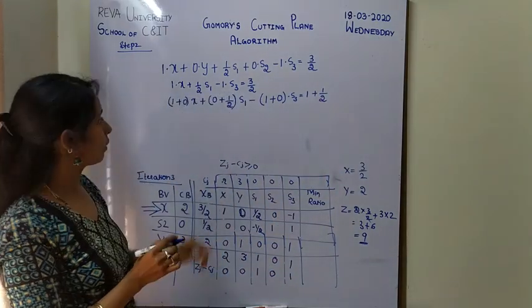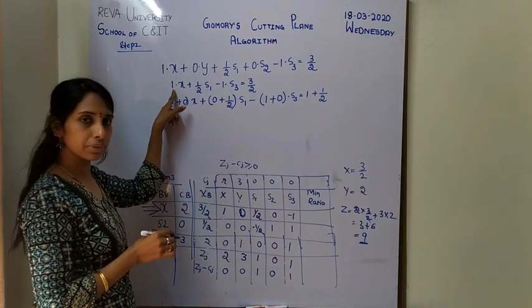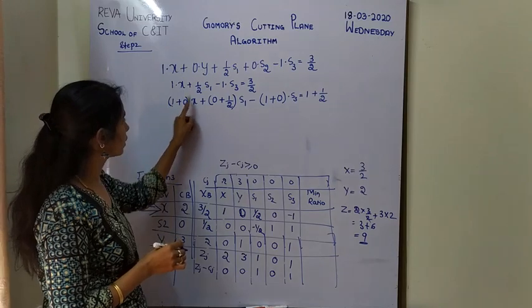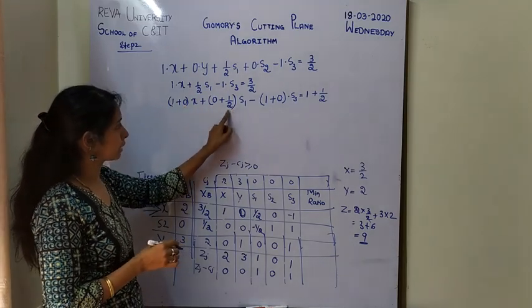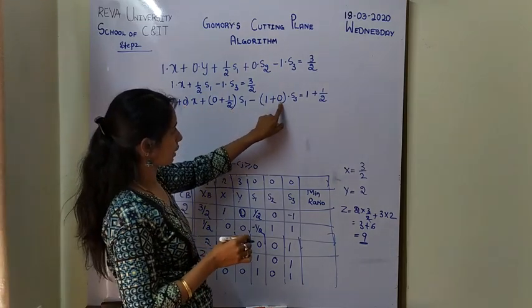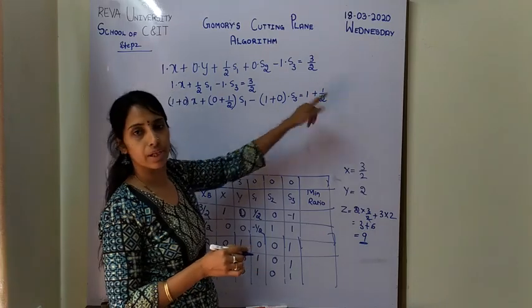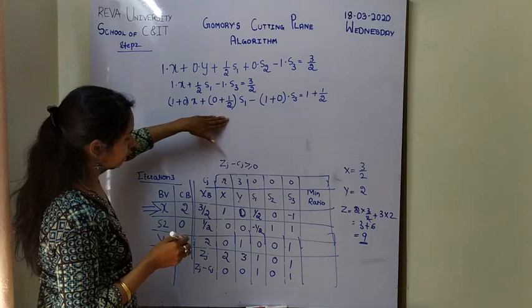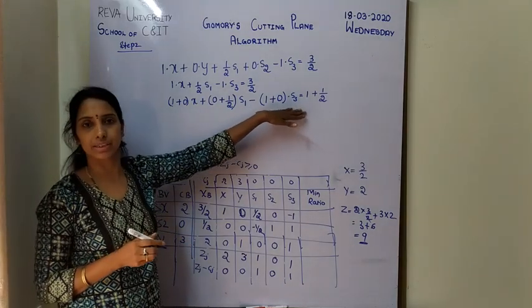I hope it is clear to you. See these values, again I have to write integer fraction for each term. Now, here you have to consider only the fractional part.